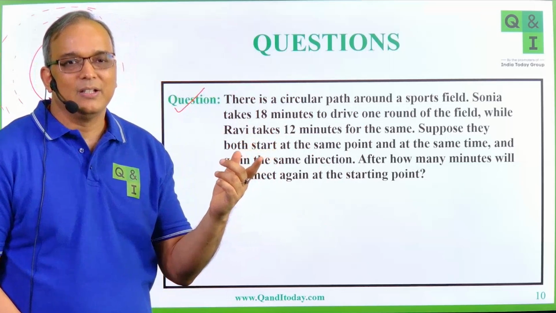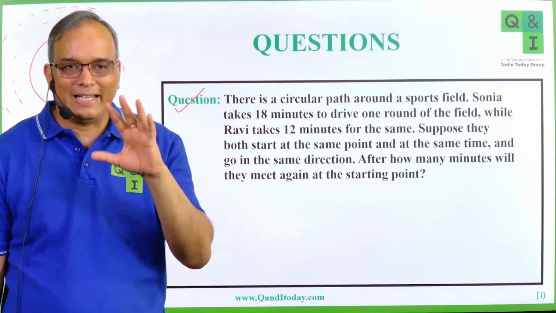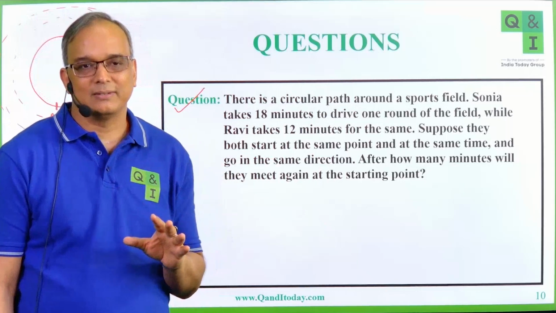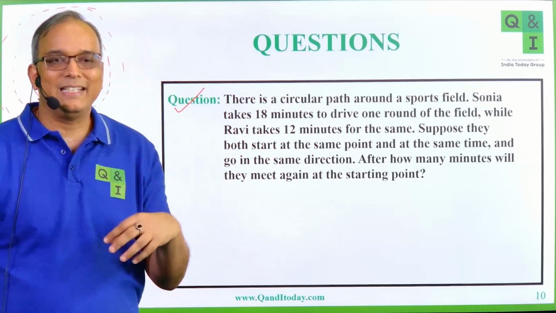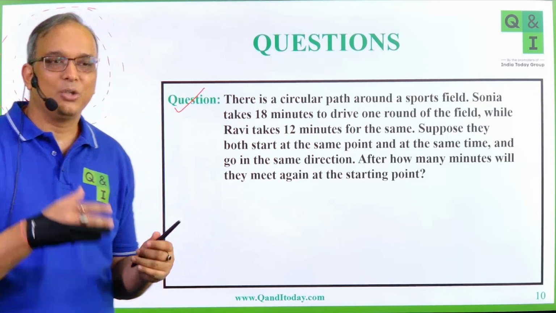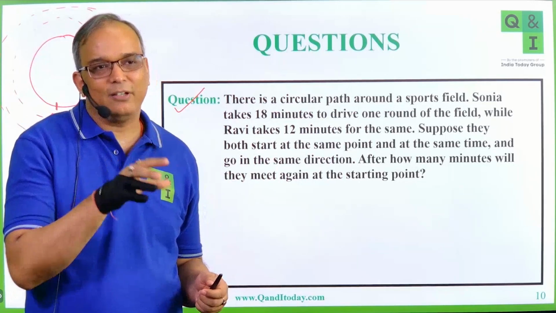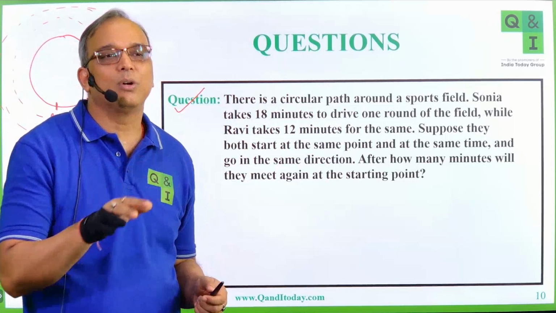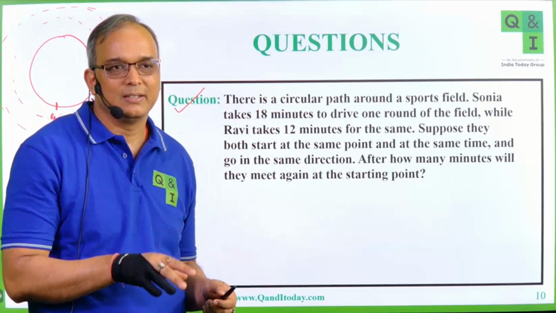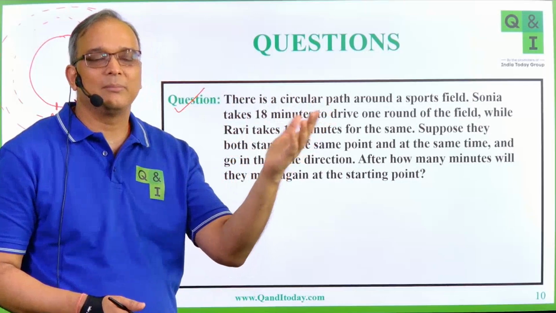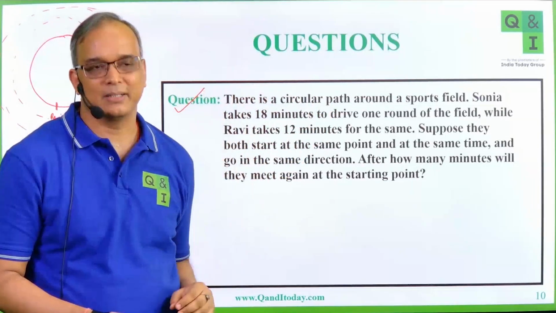Whenever you find the LCM of two numbers, it is greater than or equal to both the numbers. And the HCF is less than or equal to both the numbers. So either HCF will be less than both the numbers or equal to the smaller number. And LCM will be either greater than both the numbers or equal to the larger number.